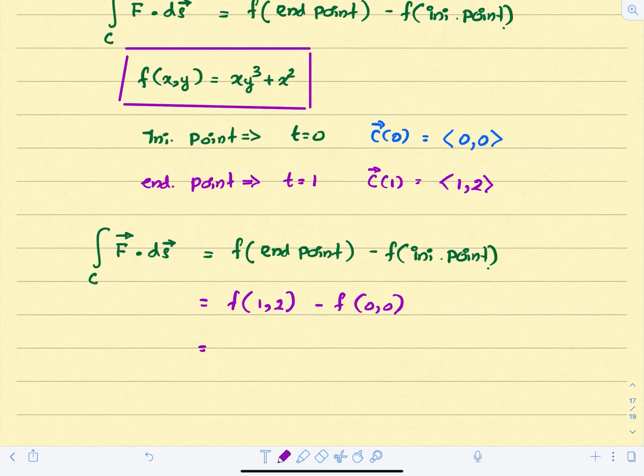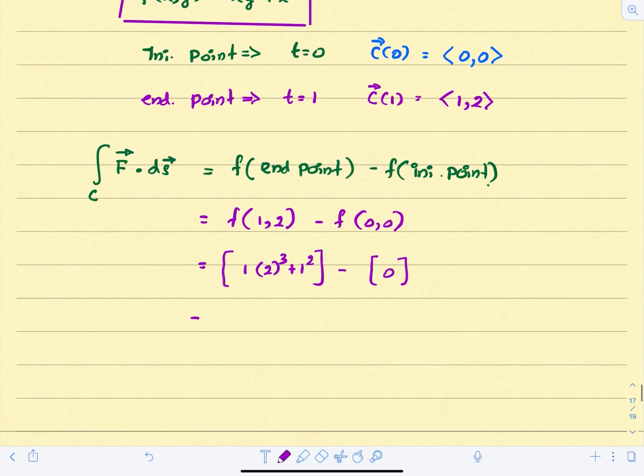The x coordinate is 1, the y coordinate is 2, so you should get 1 times 2 cubed plus 1 squared. This is the function value at the terminal point, minus, if you evaluate your function at the initial point, you will get 0. So basically this value equals 2 cubed is 8, 8 plus 1 is 9.